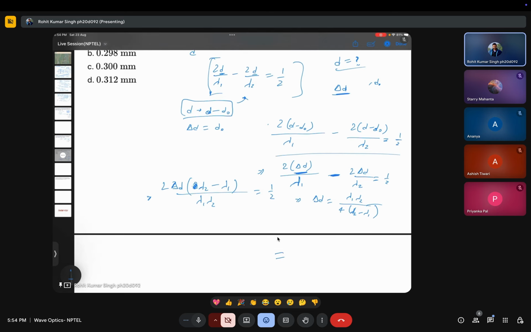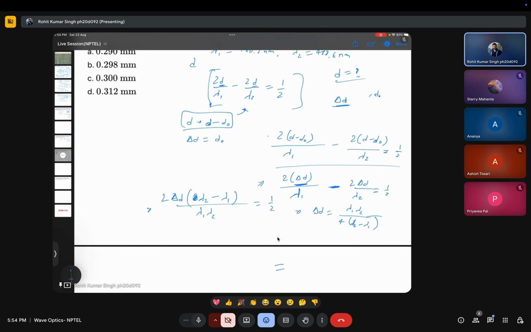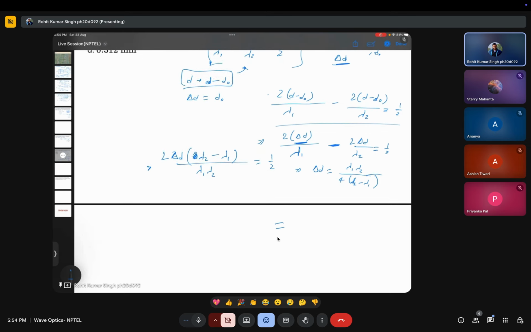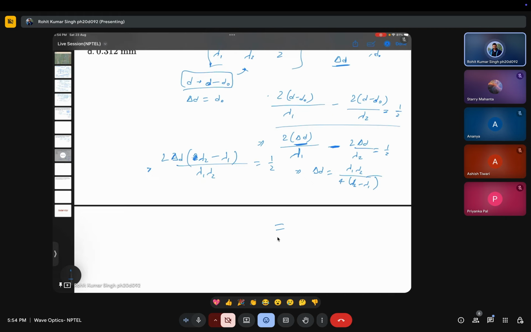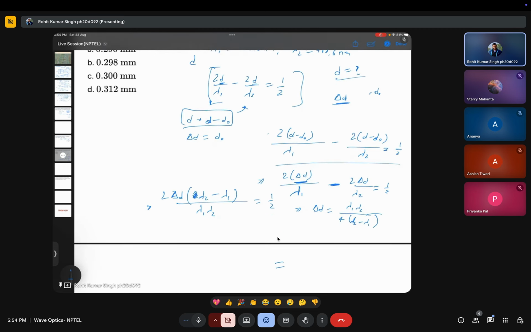Okay, what do you get? Lambda 1 into lambda 2, 488.6 and 488.2, is 238.534, something like this, and the difference is very small, 0.4 nanometer.